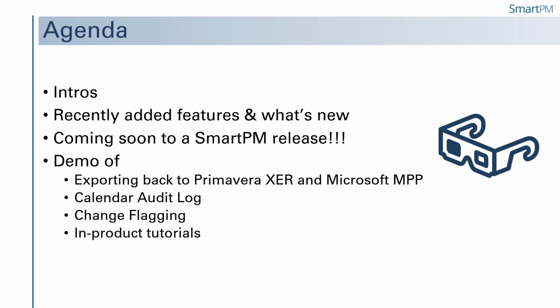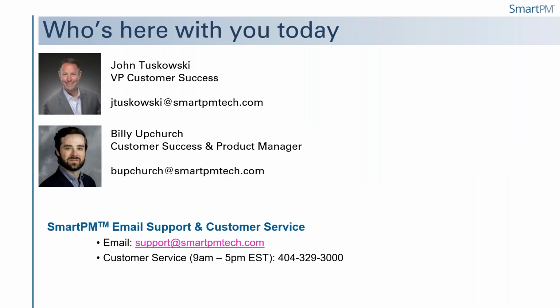Today, we're going to focus on the exporting of files back into Primavera XER and Microsoft MPP files. We'll talk about the calendar audit log, change flagging, and some in-product tutorials that we've been working on to make that user experience a little bit better and a little bit more intuitive for you.